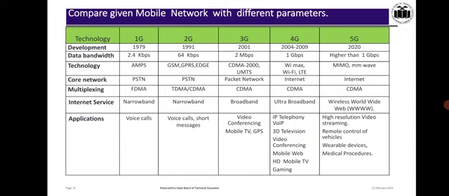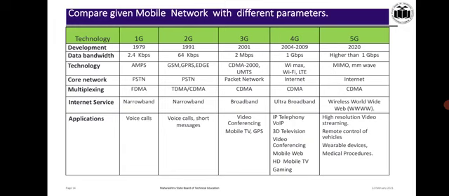In fourth generation, WiMAX as well as Wi-Fi and LTE, that is Long Term Evolution, technology was used. In 5G, MIMO, that is multiple input multiple output, and mmWave, that is millimeter wave. The millimeter wave spectrum band is a very high band, around 30 gigahertz to 300 gigahertz. So this technology was introduced in 5G.